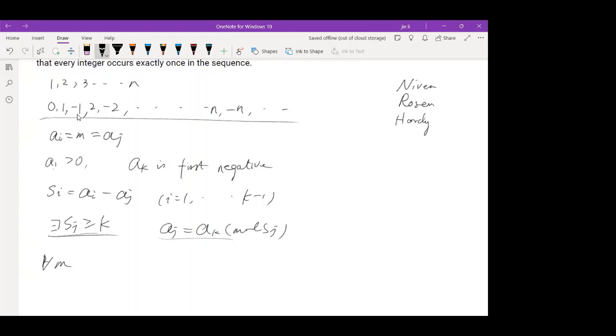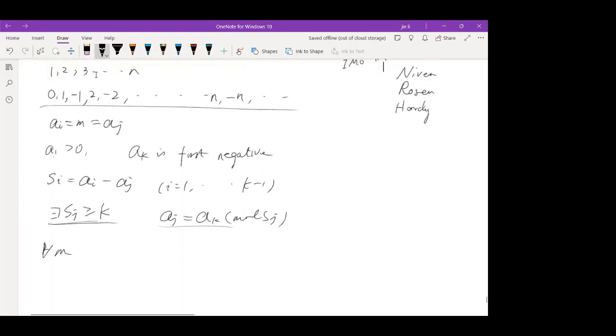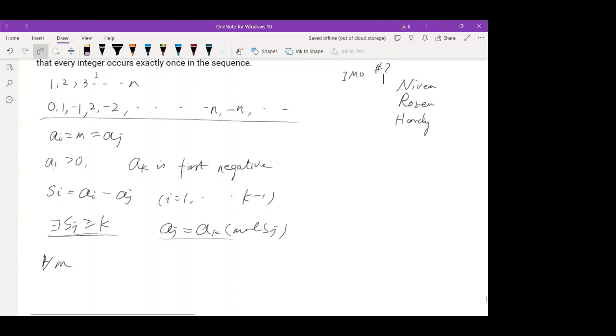This is IMO number 2, I think. How do we find all of these? Earlier we did this alternating one, but if you check, can you modify this one?